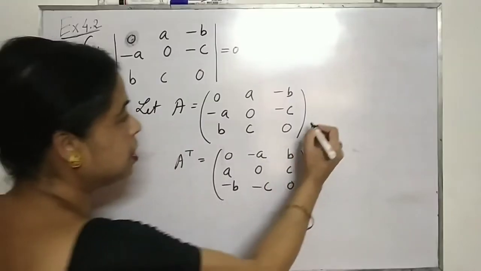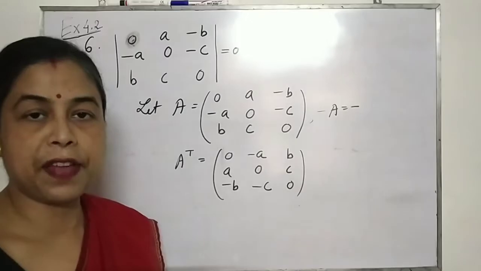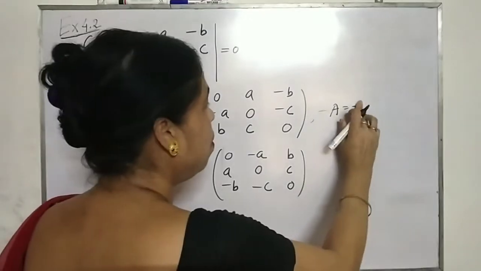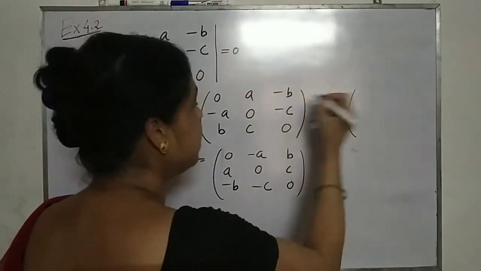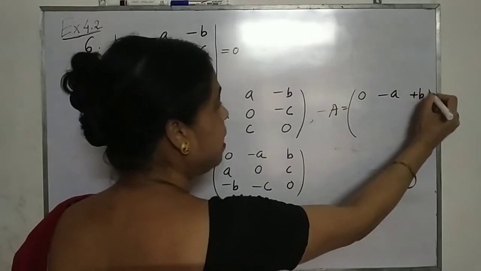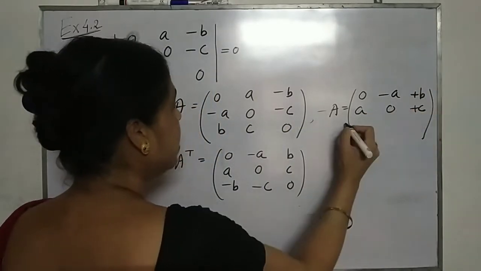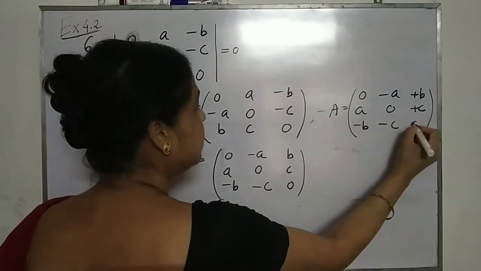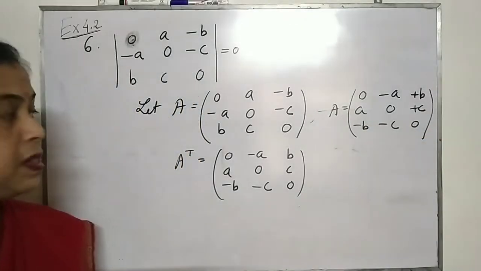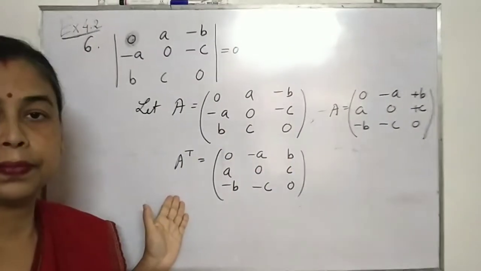But for minus A, you have to multiply each and every element by a minus sign. So we will have 0, minus minus b becomes plus b, then the next row a, 0, plus c, then minus b, minus c, 0. Now see properly, minus A and A transpose are equal.